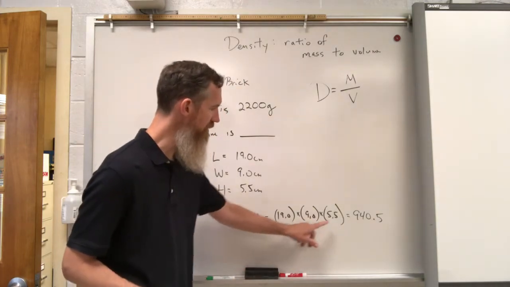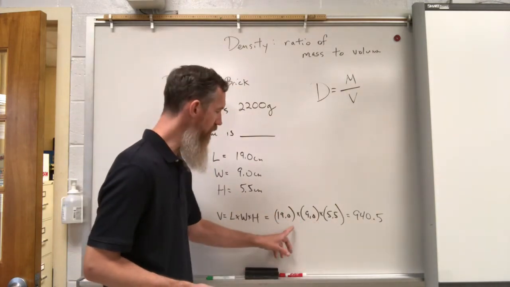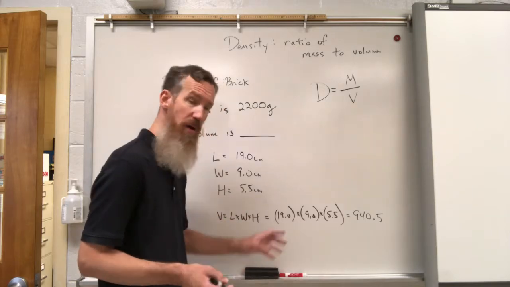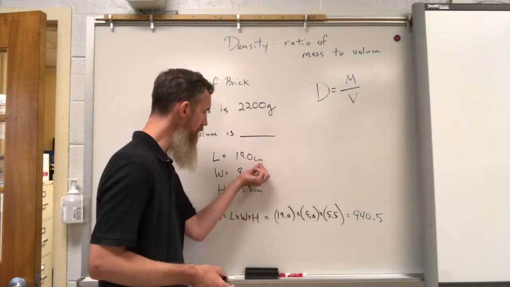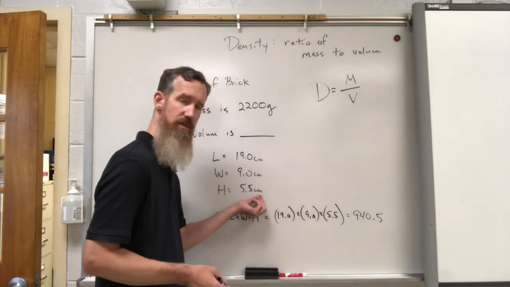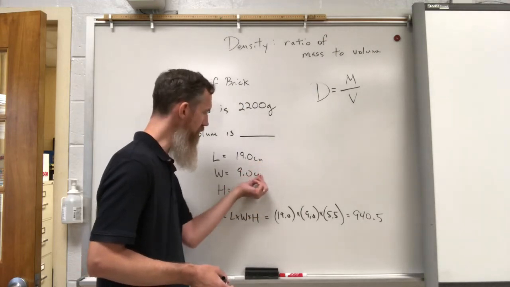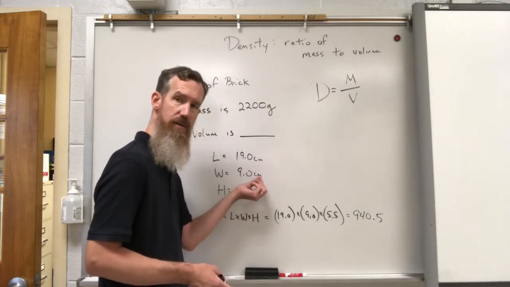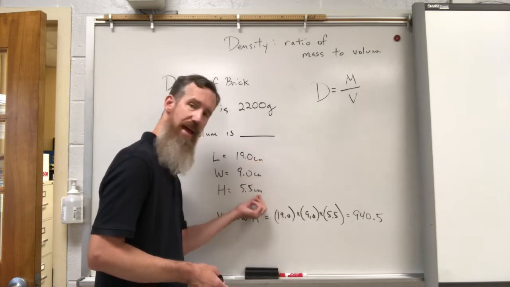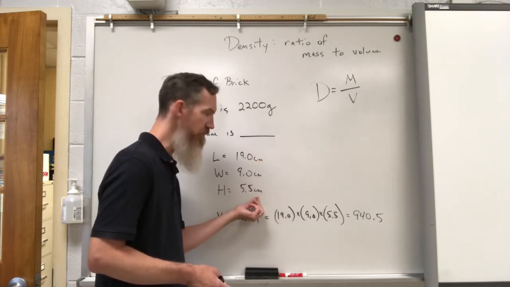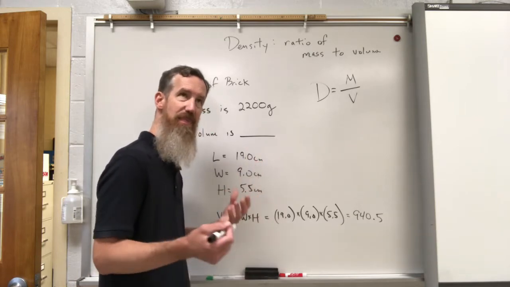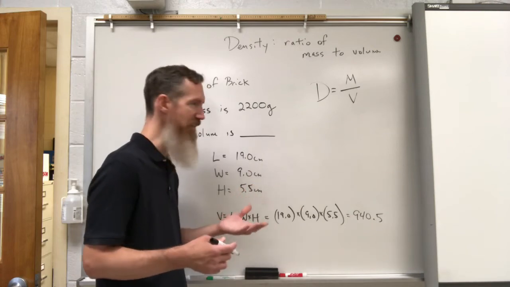But what I want to point out is this is centimeters and centimeters and centimeters. And when you multiply them, you multiply the numbers, you also must multiply the unit. So centimeters times centimeters is centimeters squared. And if I do that again, it's centimeters cubed. It's kind of like when you multiply x in algebra, right?